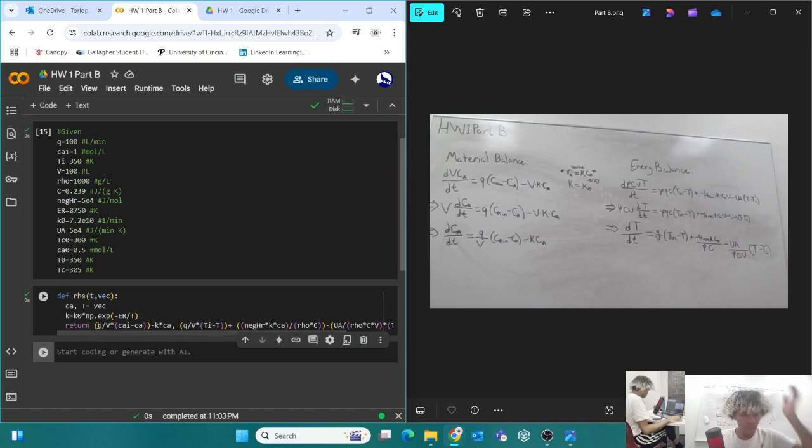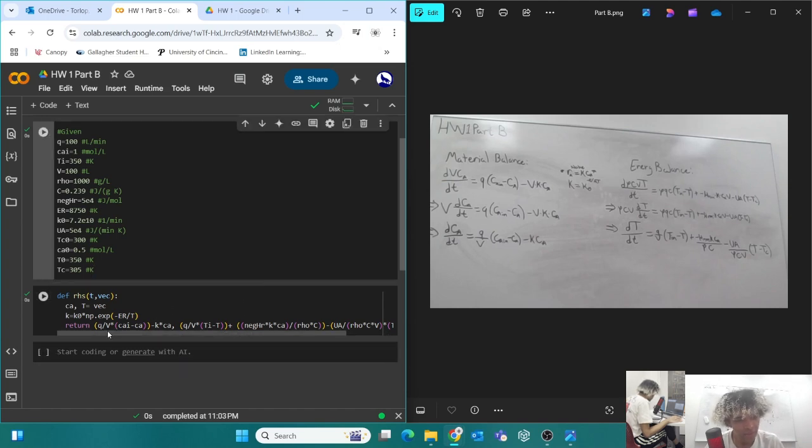I want to make sure I have this equation correct because there's a lot going on there. So Q divided by V times the concentration going in minus the concentration already in the tank, and then that all is minus K times concentration. Then we do Q divided by V times temperature going in minus the temperature already in the CSTR.